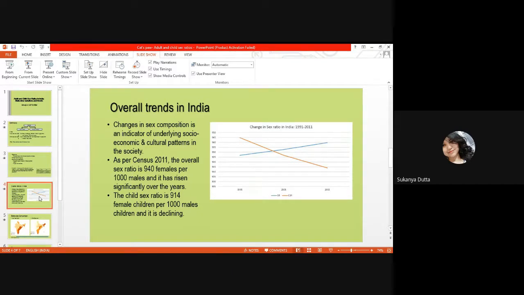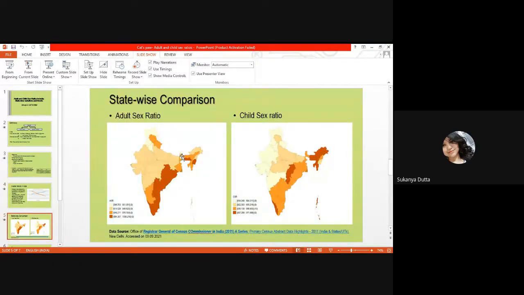This could be because of a variety of factors like sex selective abortions, female feticide, female infanticide, etc. Moving on to the next slide, we have done a spatial mapping to see the variation in the sex ratios for adults and children across the different states of the country.